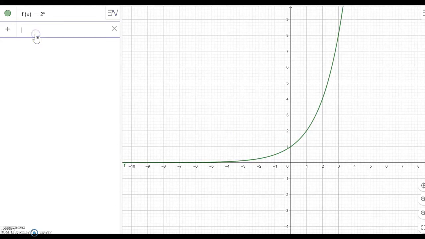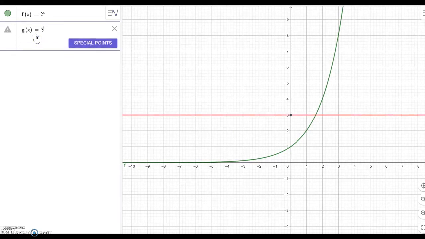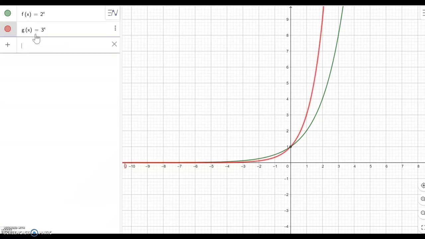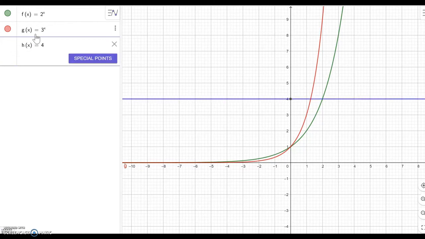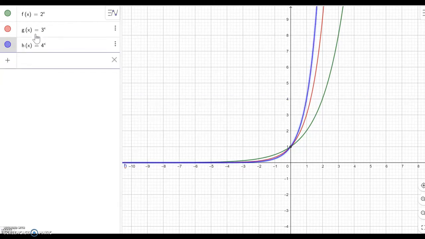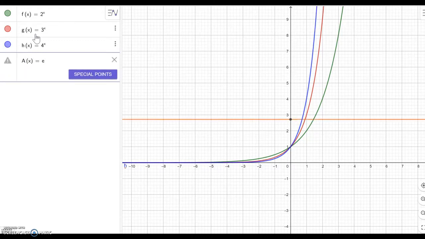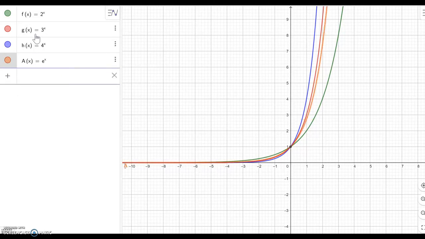Then g(x) equal to 3 to the x power, and h(x) equal to 4 to the x power, like that. And even a(x) equal to e to the x power. Okay, then now what do you see?